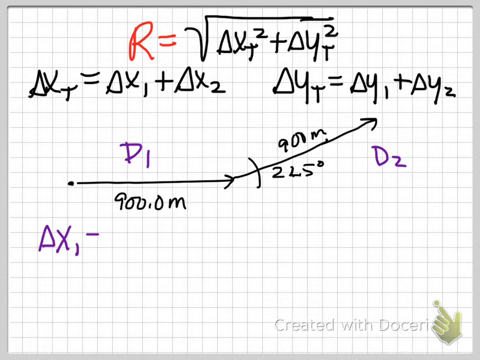Delta x1 is equal to what? The whole darn thing. There's no y displacement. They're taxiing, aside from my bad drawing where it seems to go up a little bit, but it doesn't. That entire displacement, the whole 900.0 meters, is all on the x-axis.